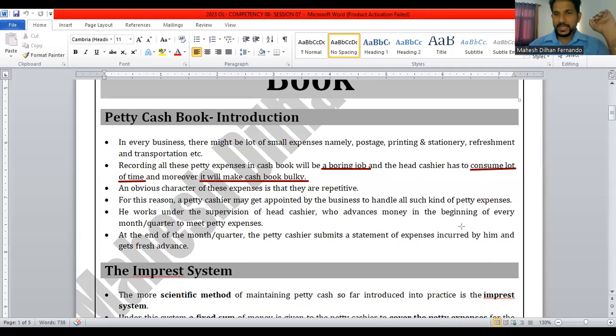And then it says another thing. The obvious character of these expenses is that they are repetitive. Remember, repetitive. Highlight that.